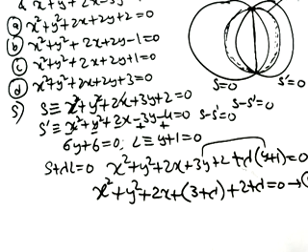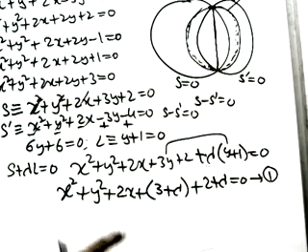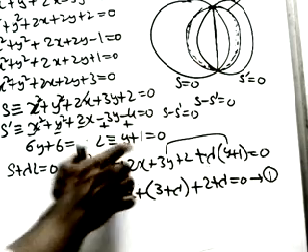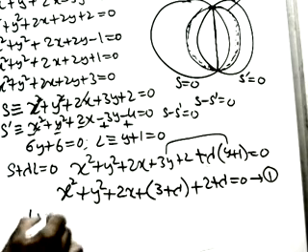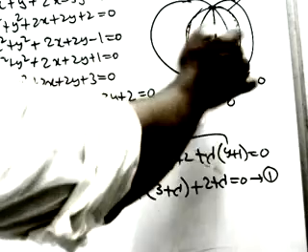Suppose this is the equation we require, but we have to find the value of lambda. How can we find the value of lambda? This common chord is the diameter, so we can substitute the center of this circle on the common chord. The common chord we are having is y plus 1 equals 0.